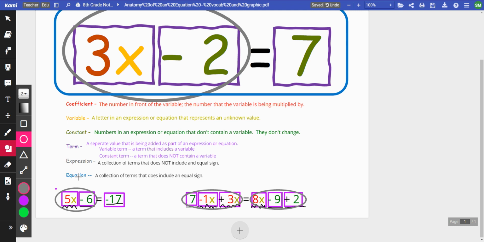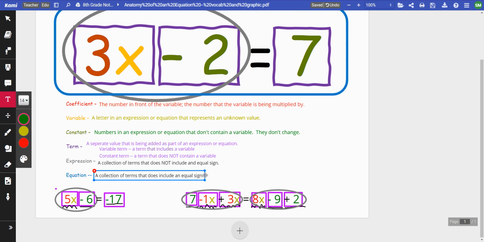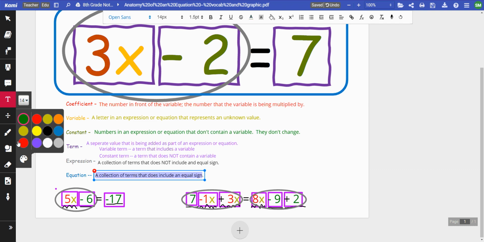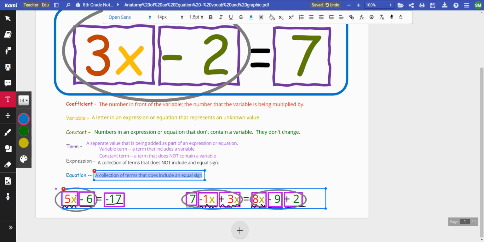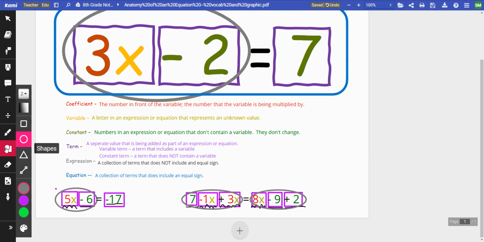Then equation. Oh, I made that black and not, oh my goodness. Sometimes I'm just not that bright. I want this to be blue. So I'm going to change it to blue because I didn't do that before. Okay. Equations, I'm going to do a box around the equations, and the box is going to be blue.